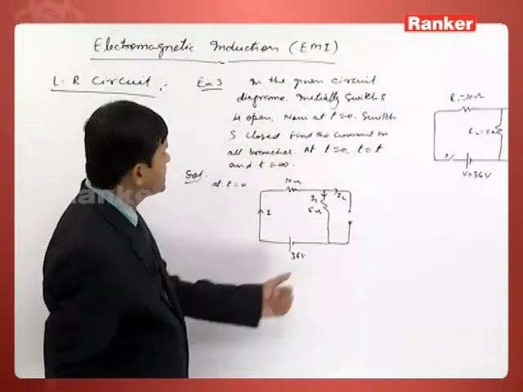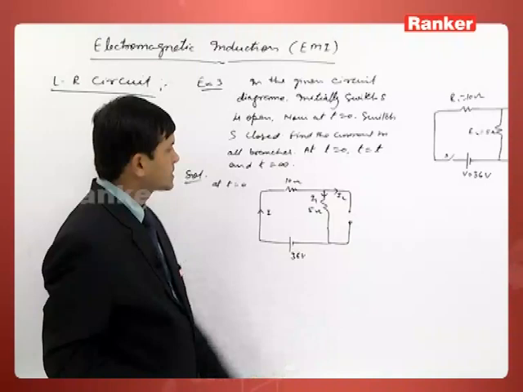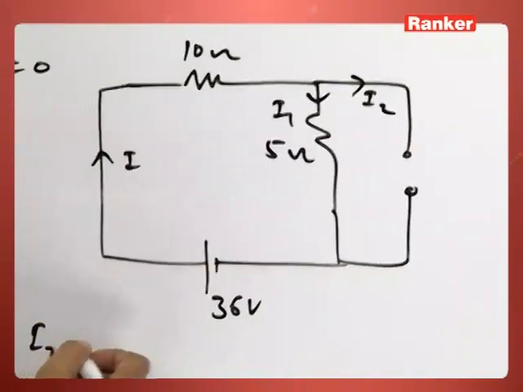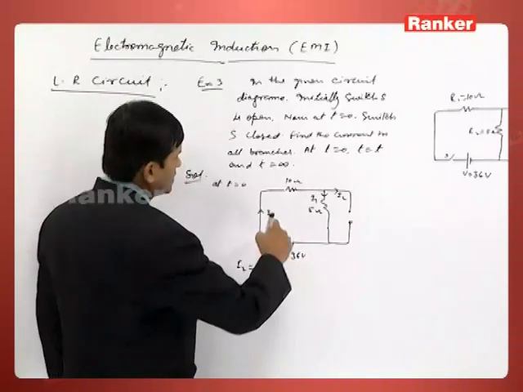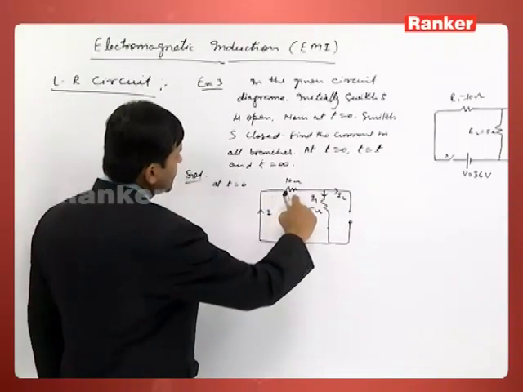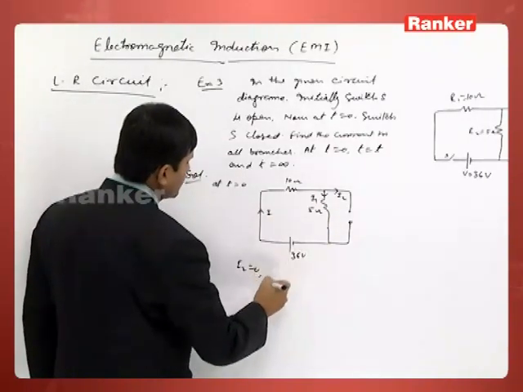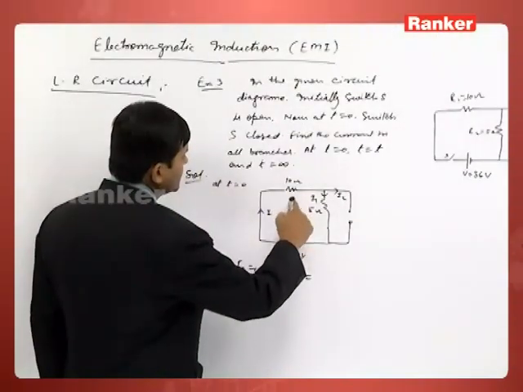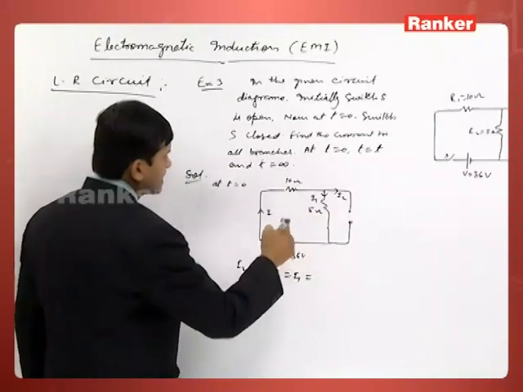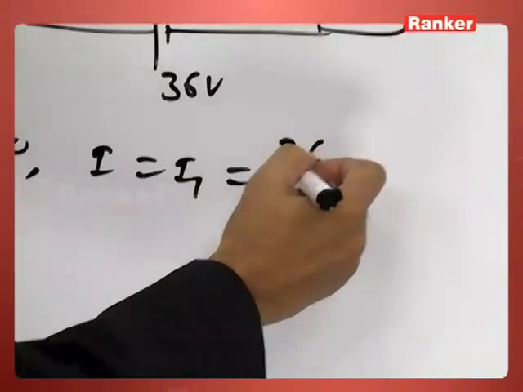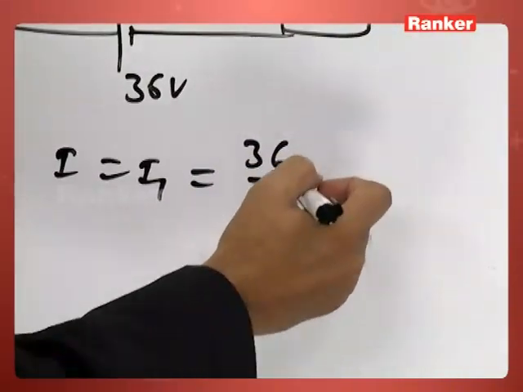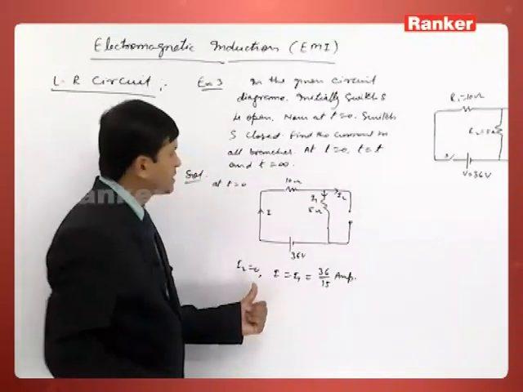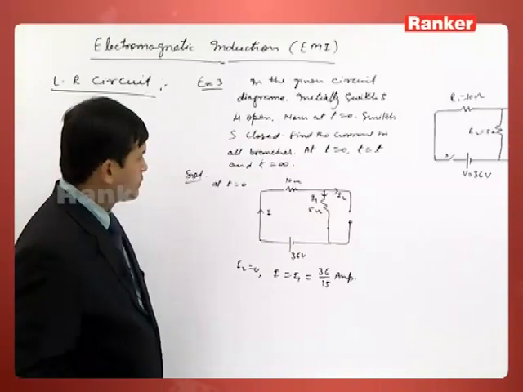Now, since it is open circuit, I2 is equal to 0. So whatever current I is going here, I is equal to I1, and these two are in series, so 10 plus 5, 15, 36 by 15 ampere. So this is the current at t is equal to 0.